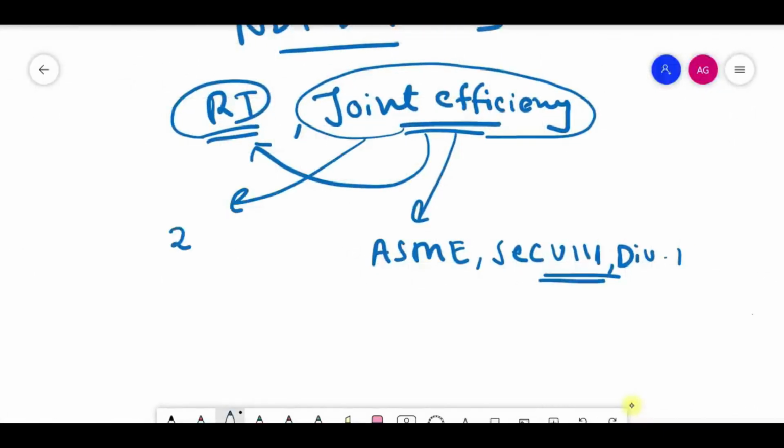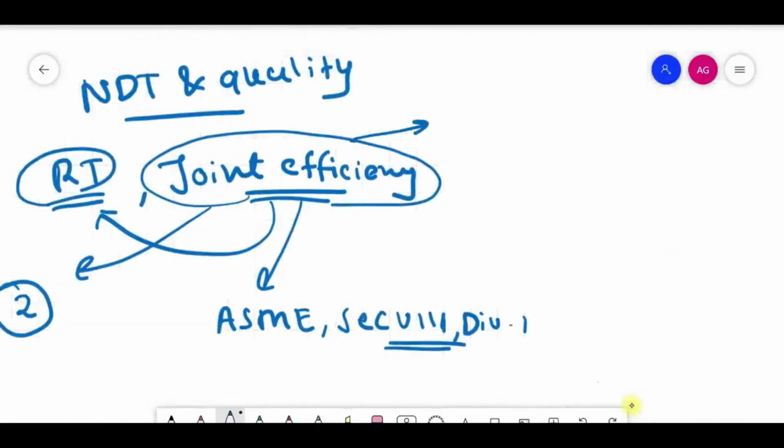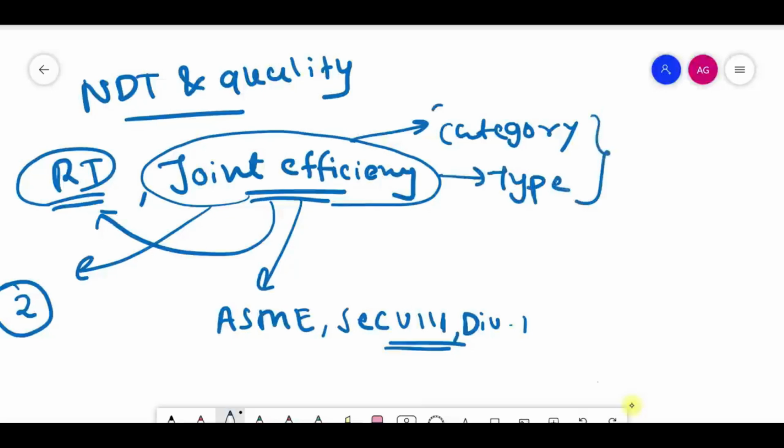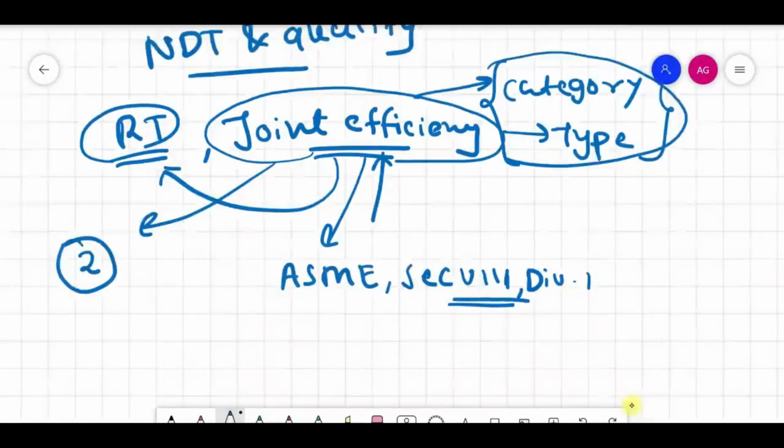In the first part, to understand joint efficiency, we first have to understand the category of joint and the type of joint. Only after that will you understand what joint efficiency is. So in the first video, we will understand both these things.